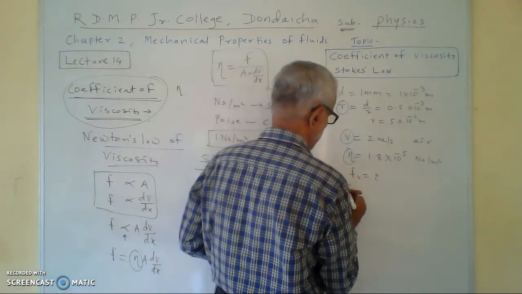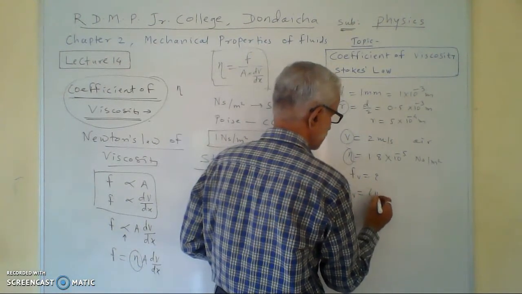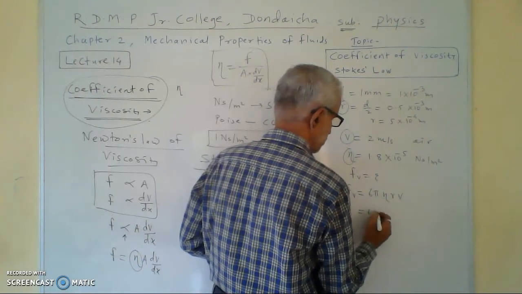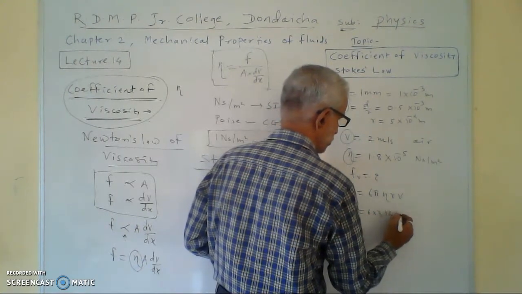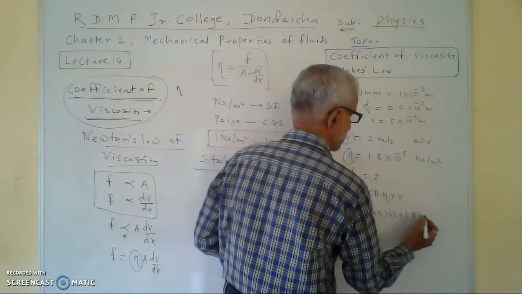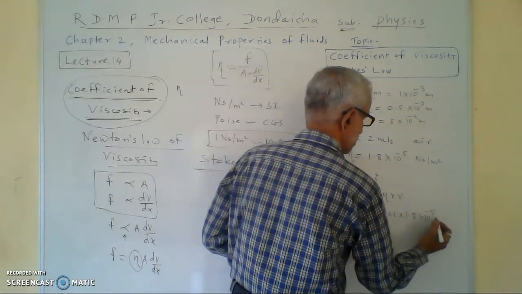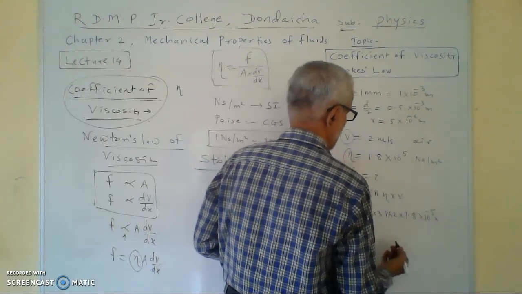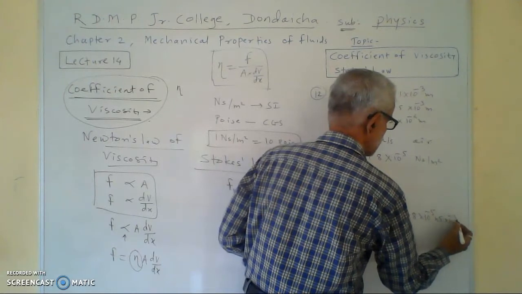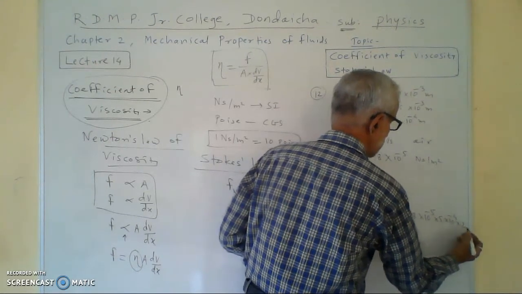So Fv is equal to 6 pi eta r v. 6 into 3.142 into eta, which is 1.8 into 10 raised to minus 5. Then r is 5 into 10 raised to minus 4 and v is 2.